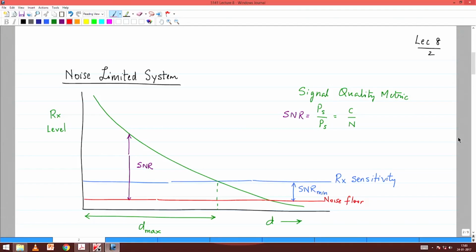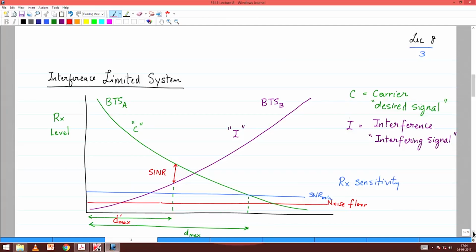I would like to move from the noise limited system to the interference limited system. Again, this is a figure that we already had a chance to look at, but I thought I'll pick it up from this point. The desired signal from base station A is exactly as we have seen before.